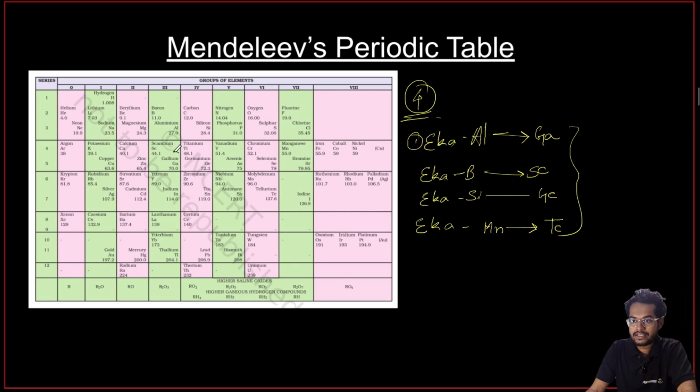Like gallium was not there, the scandium was not there, germanium was not there, and technetium was not there, but these are all present in the modern periodic table.